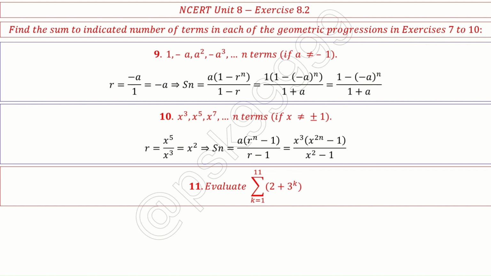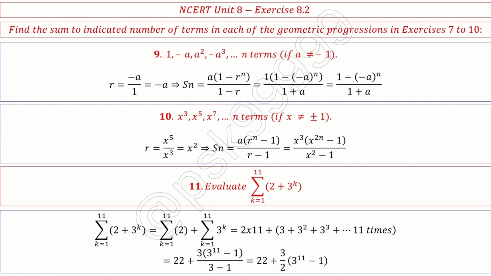Okay, evaluate sigma k equal to 1 to 11 of (2 plus 3 power k). The first thing is to expand the sigma. So sigma is applied to the 2 as sigma of 2, and sigma of 3 power k. Sigma of 2 is nothing but n. Whatever k goes from 1 to 11, you just add plus 1 plus 1 plus 1. If I take 2 out, it is just 1 plus 1 plus 1, which is nothing but 11 times, so 11.